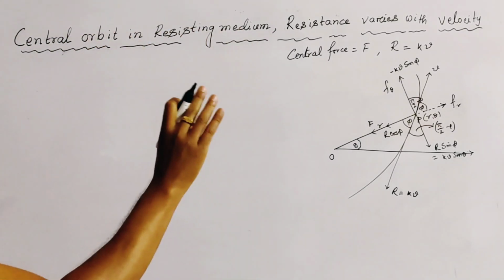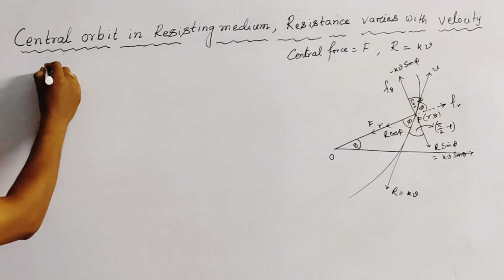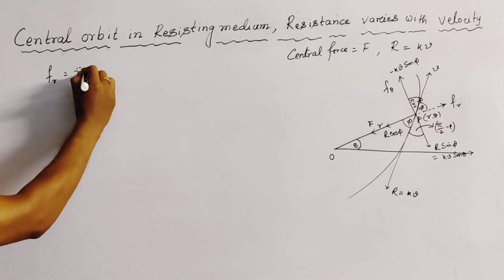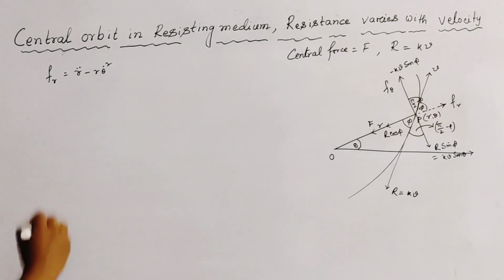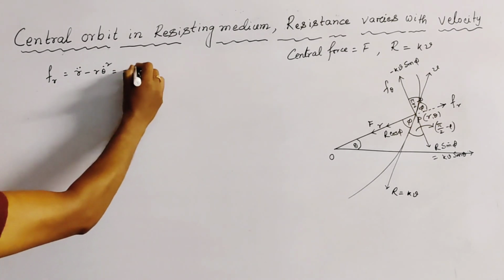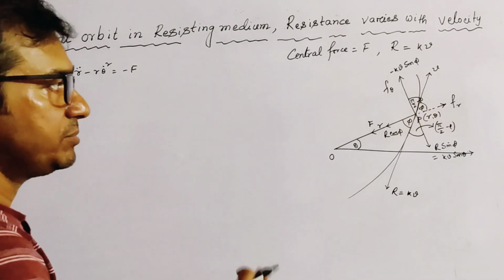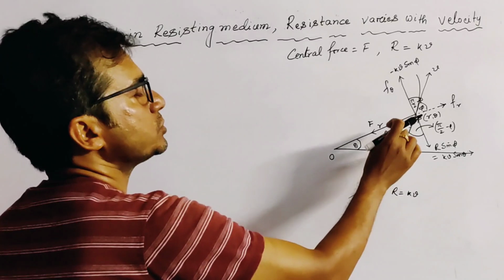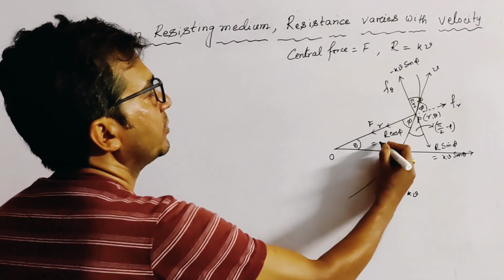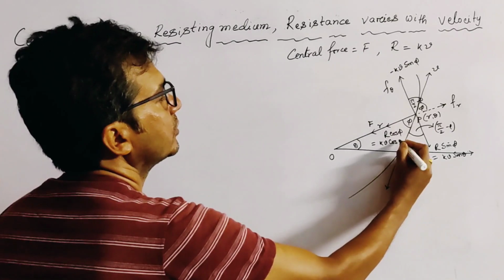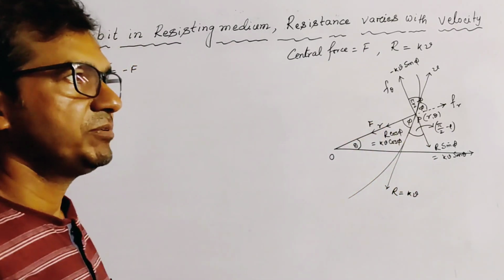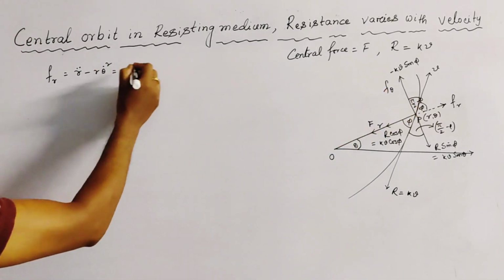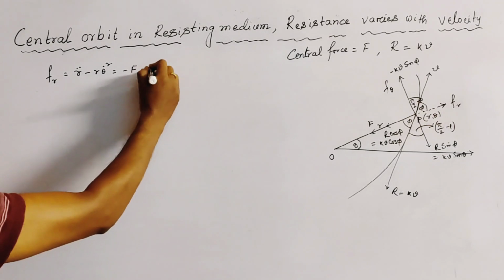Otherwise, with resistance force in a central orbit, the first equation of motion, the radial equation, is Fr equal to r double dot minus r theta dot square, which is equal to minus F. Since there is a resistance force, there is another force R cos phi, which is kV cos phi, because R equals kV, and it is also negative because it is towards O. So the equation of motion becomes minus kV cos phi.